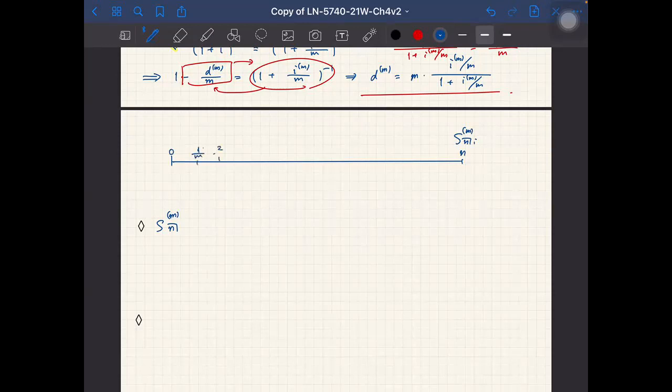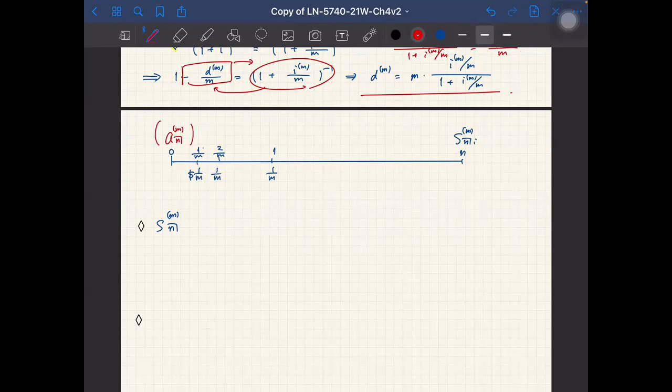For the annuity immediate case, the first payment is at 1/m. So originally the a angle n superscript m is at time 0.